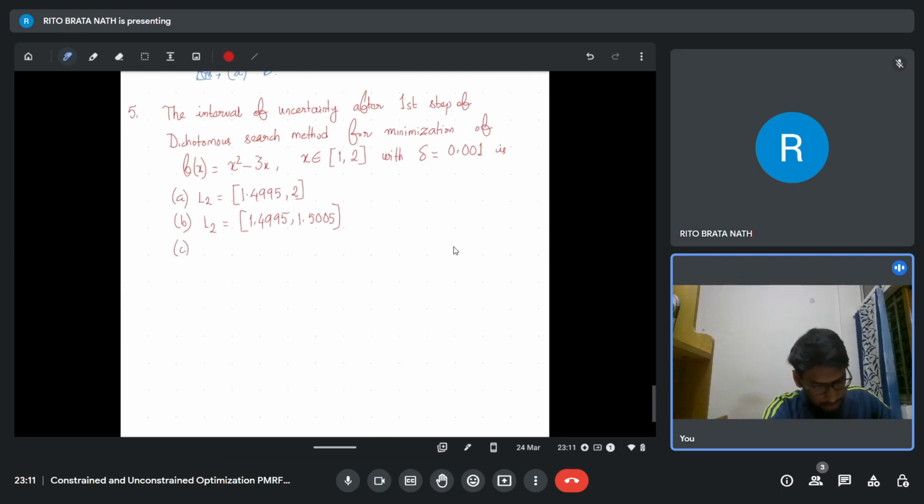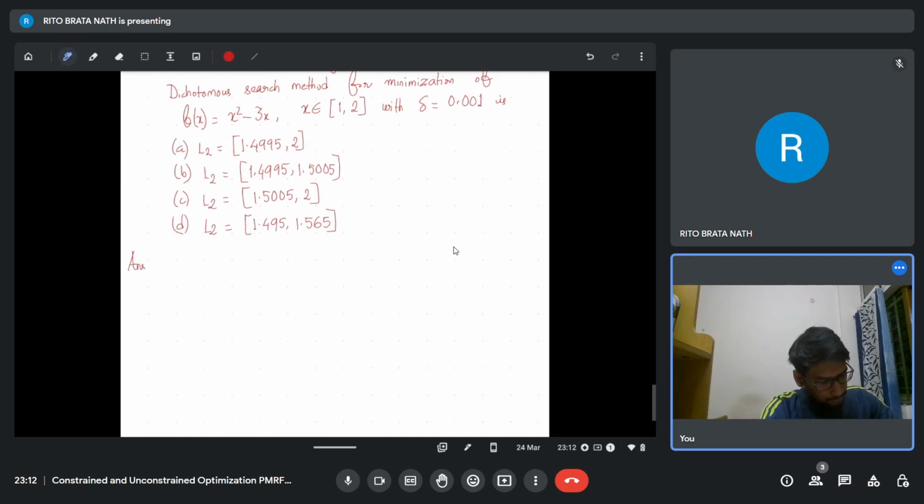Option C is L2 equals 1.500 comma 2, and option D is L2 equals 1.495 comma 1.565. Okay, so now let me solve this.